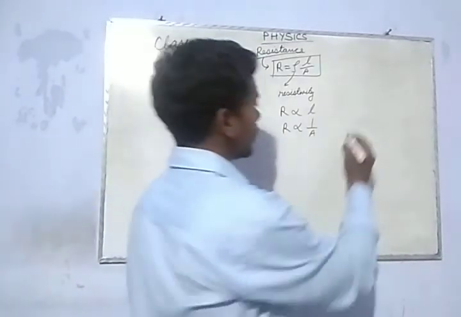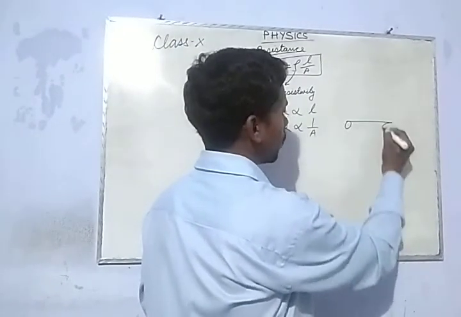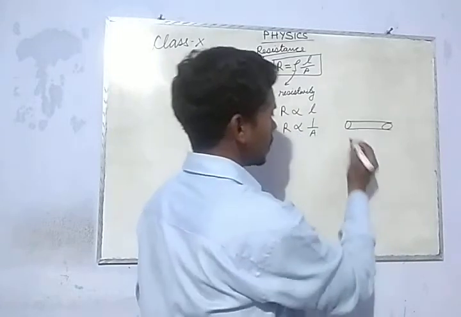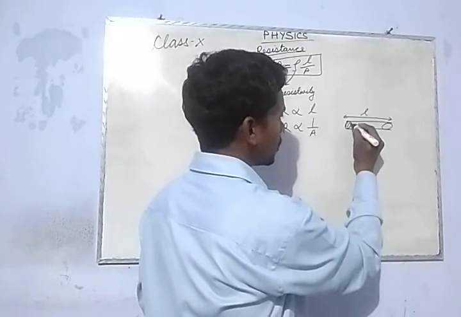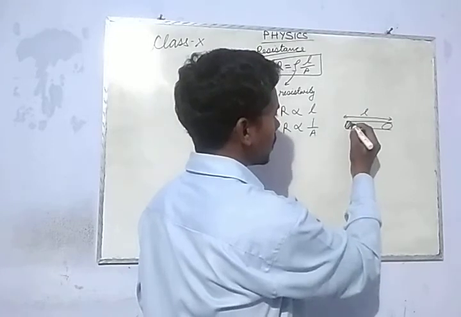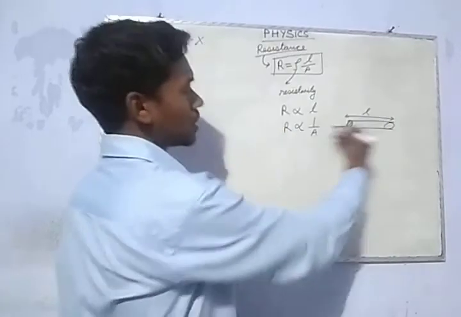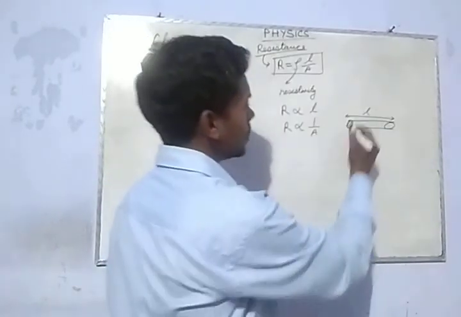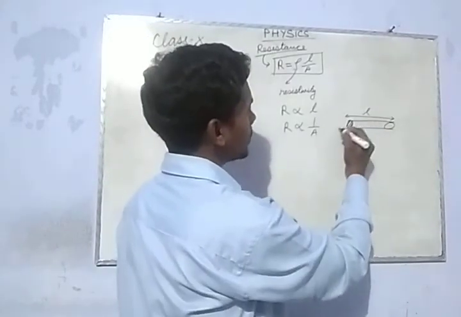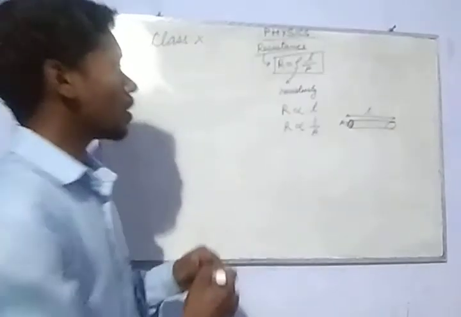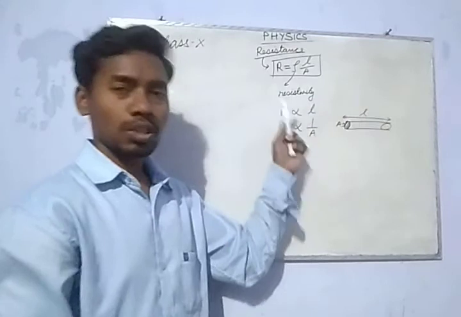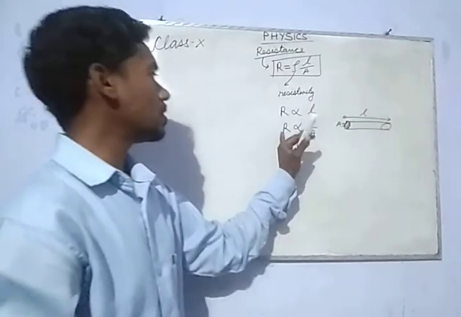For example, if this is our conductor, this can be considered as L, and this vertical section of the wire, this area, can be called A.